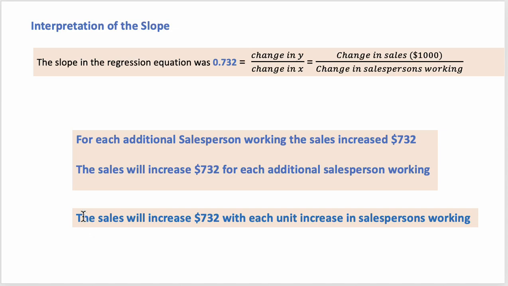The sales will increase $732 for each unit increase in salespersons working. Well, a unit is 1. So that's just another way of saying it. So I'm going to leave you with that.